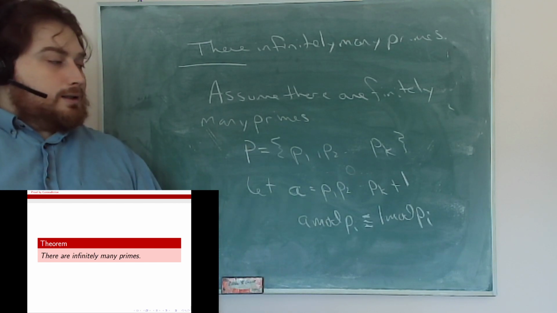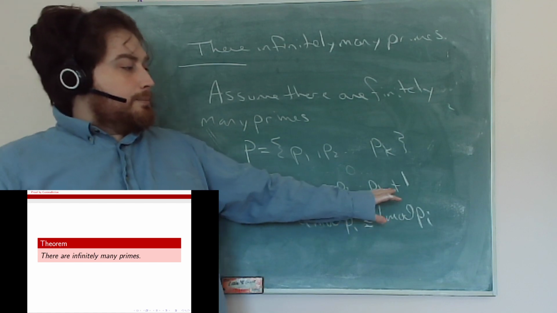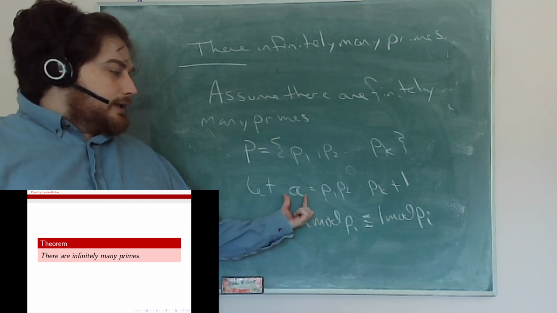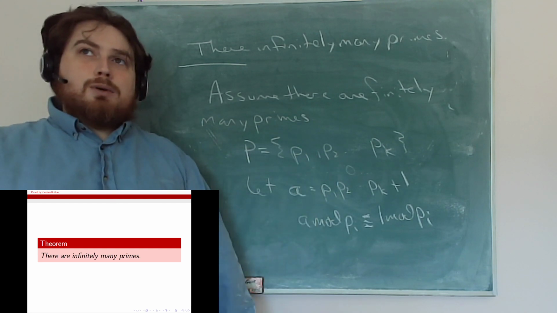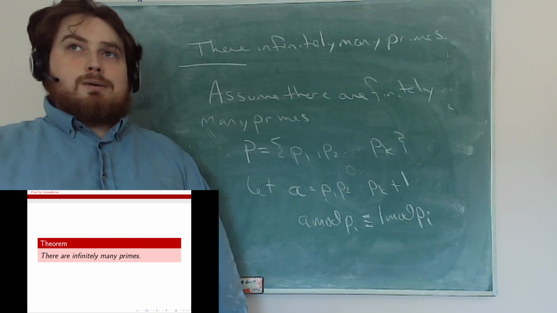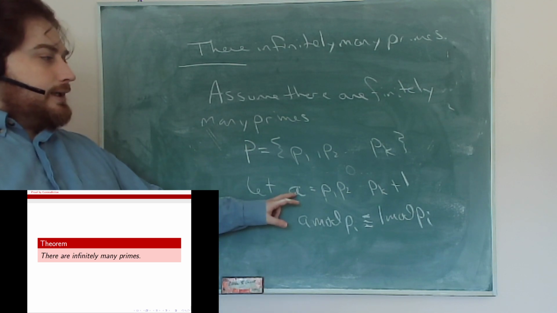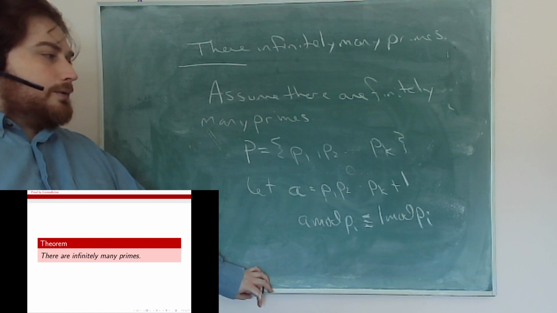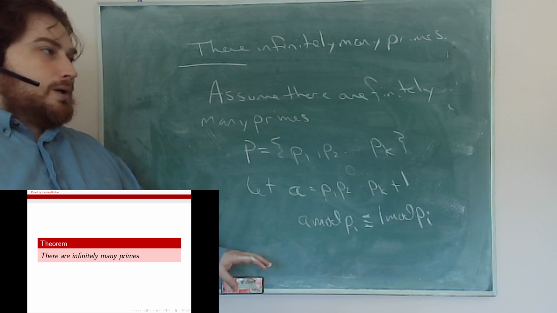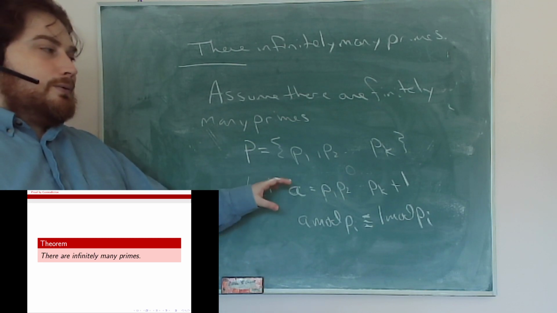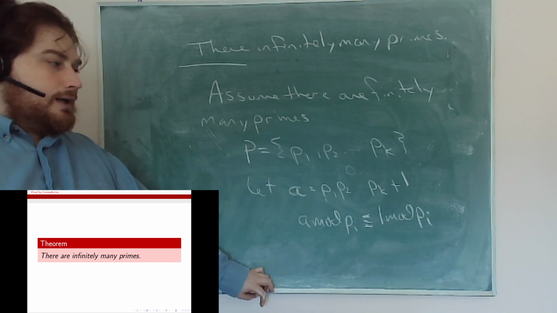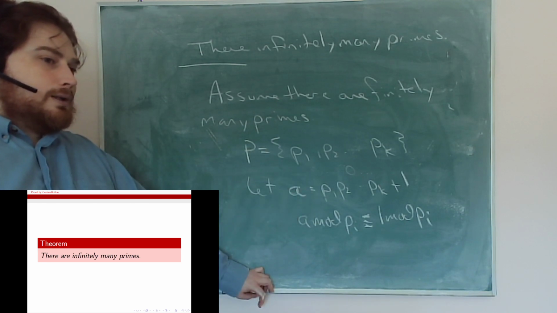What does that mean? Since A is divisible by P sub i if and only if it's congruent to 0 mod P sub i, that means that A is not divisible by any prime number. Since A is not divisible by any prime number, it's not divisible by any products of primes, and therefore I can't write this as a product of two numbers that are smaller than it.